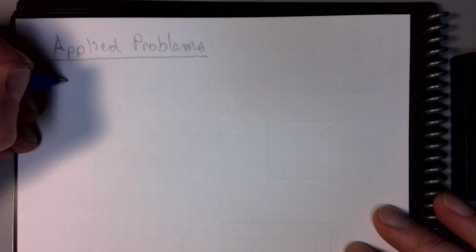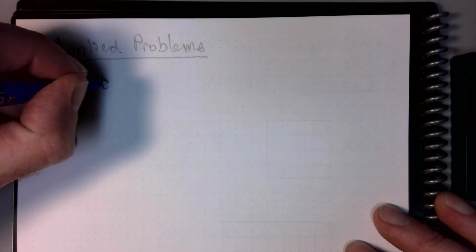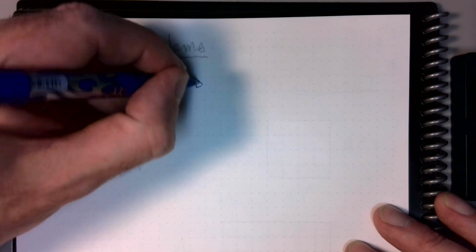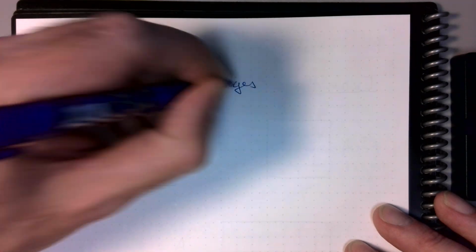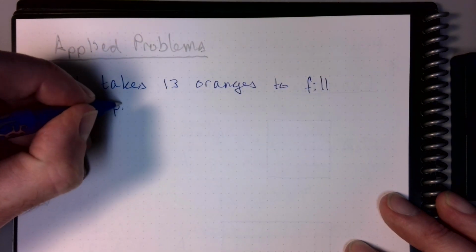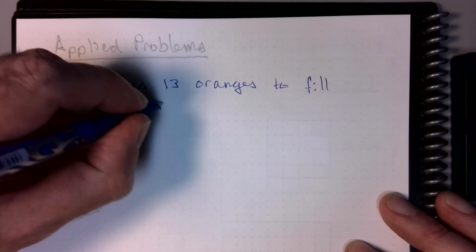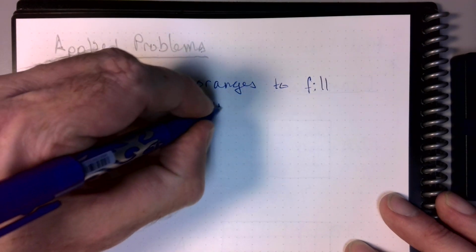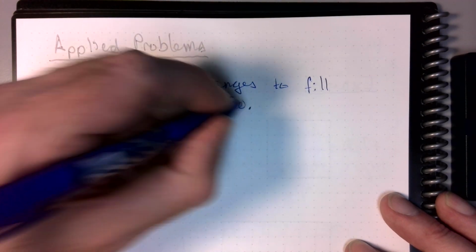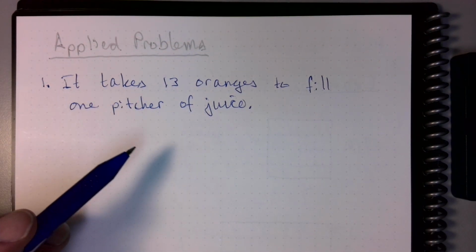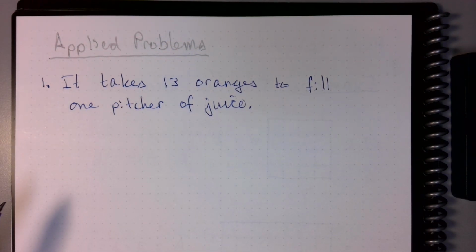Okay, and let's pretend that it takes 13 oranges to fill 1 pitcher of juice. Okay, let's pretend I have a pitcher that I like to put my orange juice in. And it takes 13 oranges to fill this pitcher with orange juice.